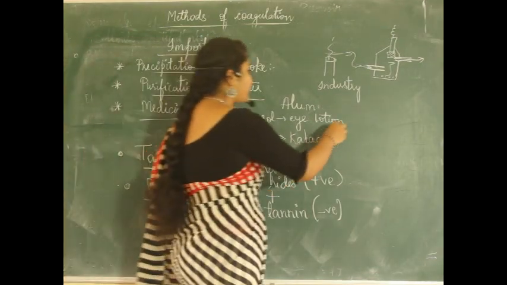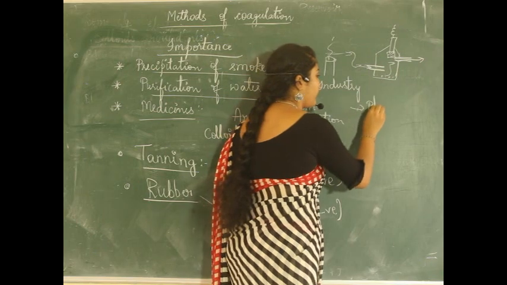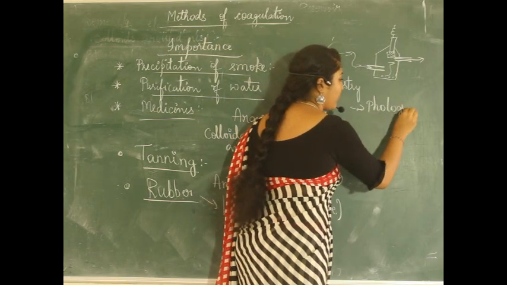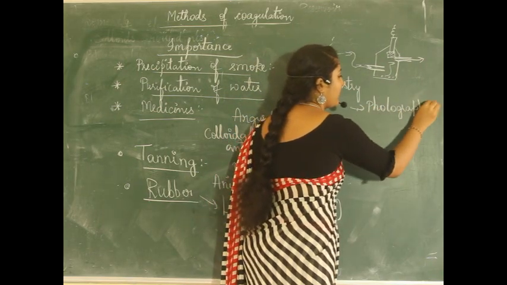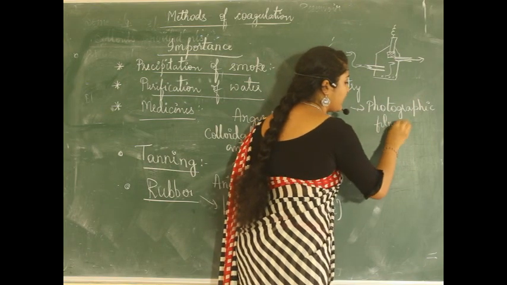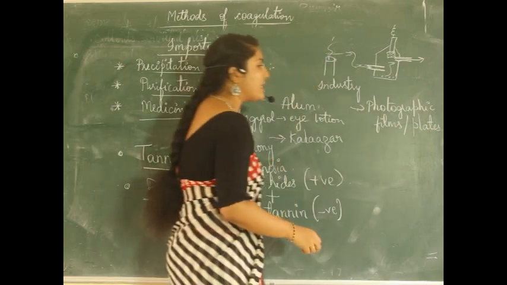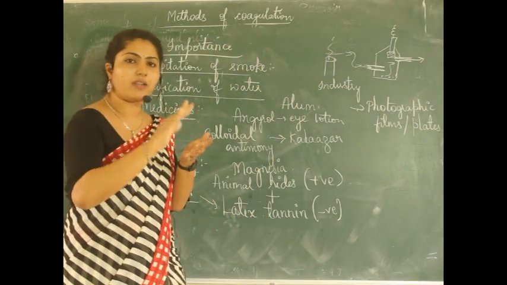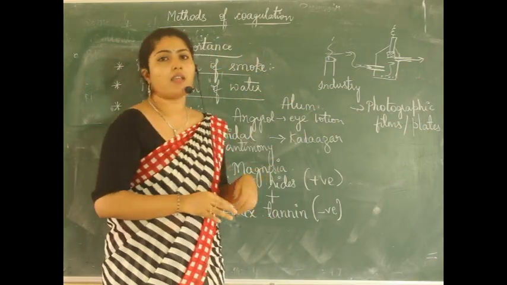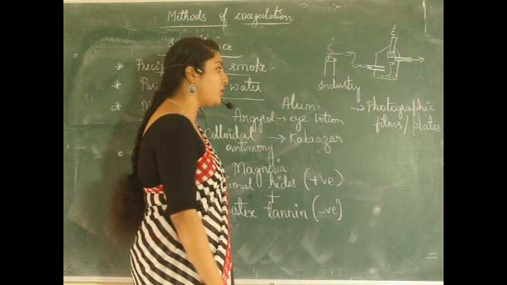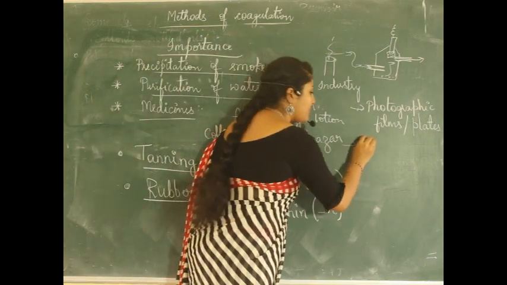The other one is in photographic films or plates. The colloidal solution is usually coated onto the photographic plates. And the other one is industrial application.